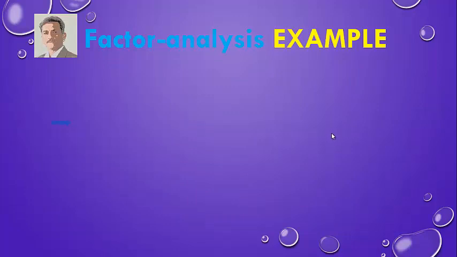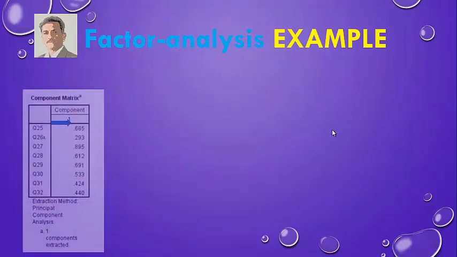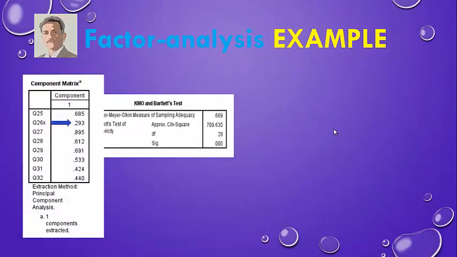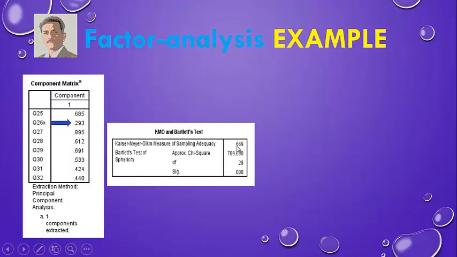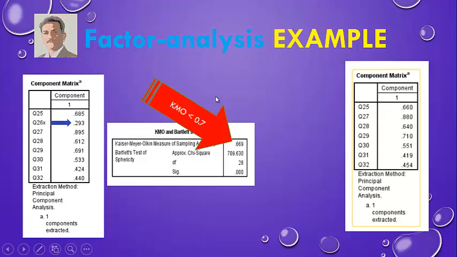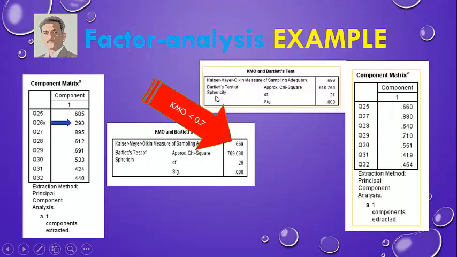Then the last variable, mediator 2, the relational justice. First, the results came out with KMO of 0.66, which was less than 0.7. So we checked the component matrix, or the table showing all the questions, and question 26 was getting 0.29 as the factor loading. So we excluded this question and then again used factor analysis to compute the scores.